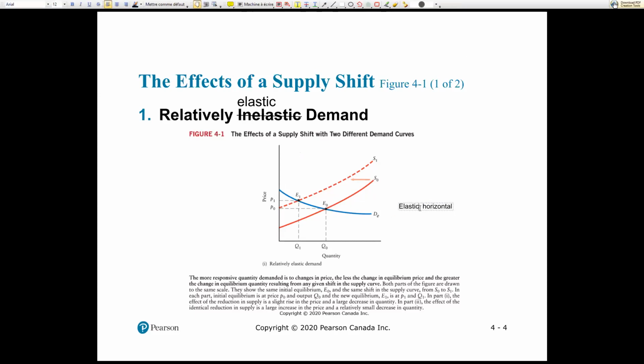In terms of price and quantity, you were explaining something I didn't catch. Yeah, so okay.